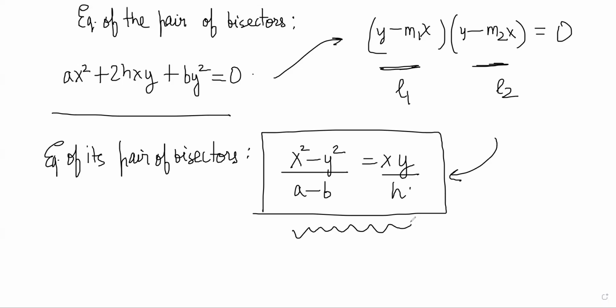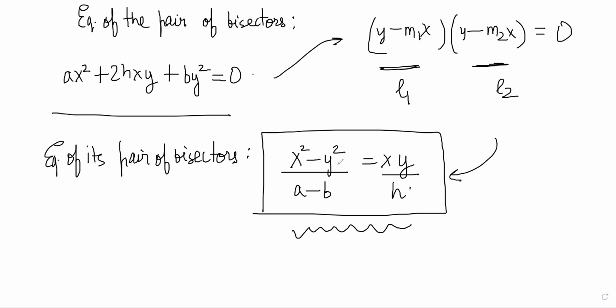Notice that the coefficients of x square and y square are 1 and minus 1, which was the condition that they are perpendicular lines. The two bisectors are perpendicular to each other. So therefore, we are getting the coefficients coming out to be 1 and minus 1.